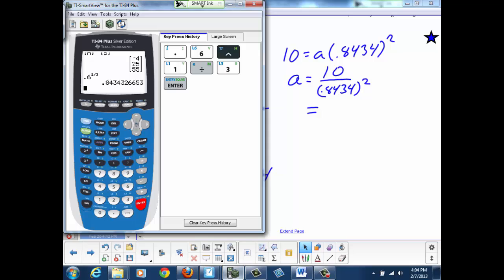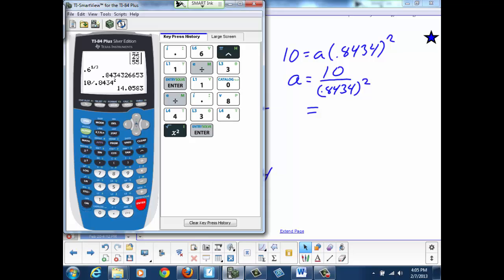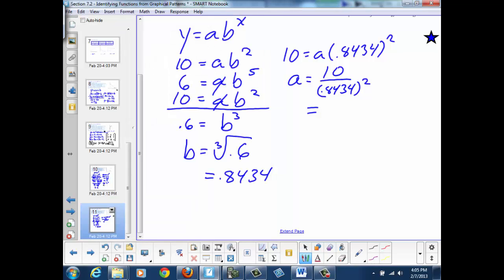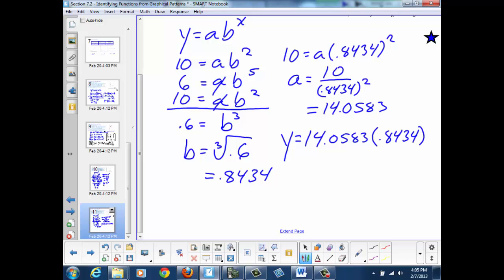Which again, if we pull out our calculator, becomes 10 divided by 0.8434 squared, or approximately 14.0583. Which when placed into our equation becomes 14.0583 times 0.8434 to the x.